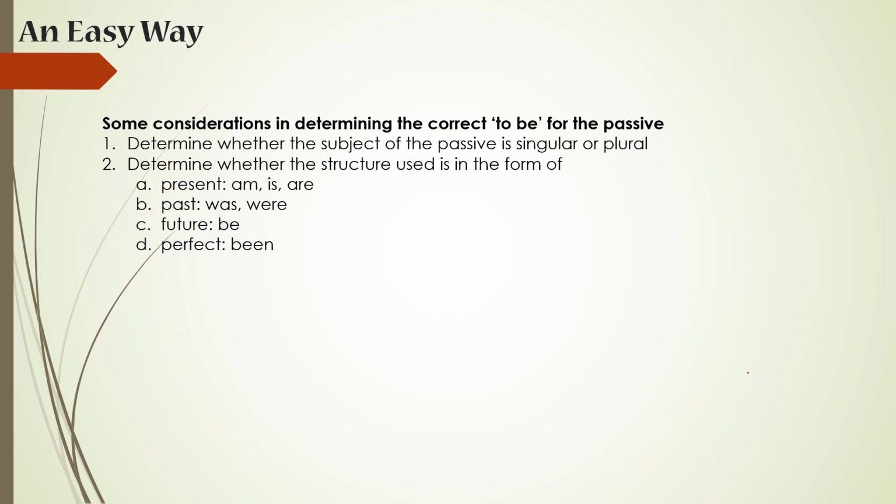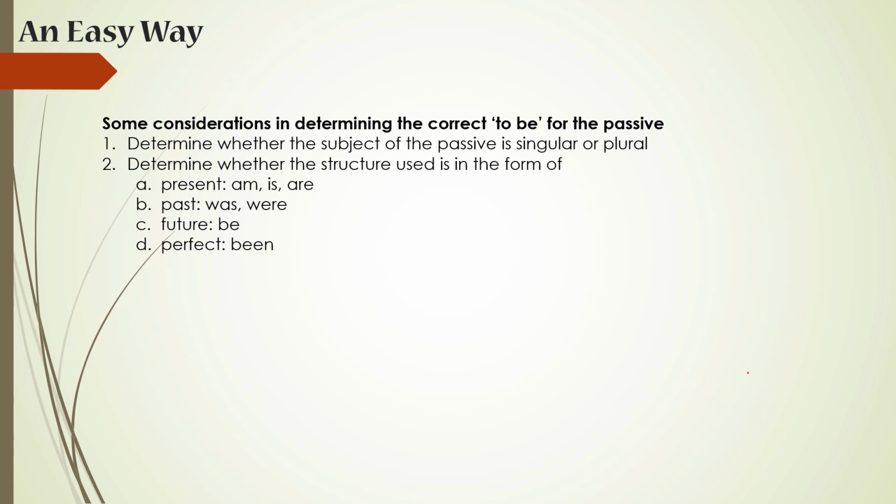If the structure of the active sentence is in the form of simple past, the to be's that can be used are was for both first person and third person singular, were for third person plural.